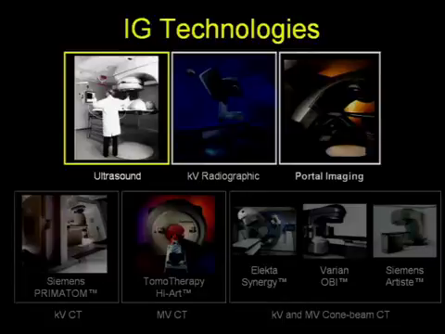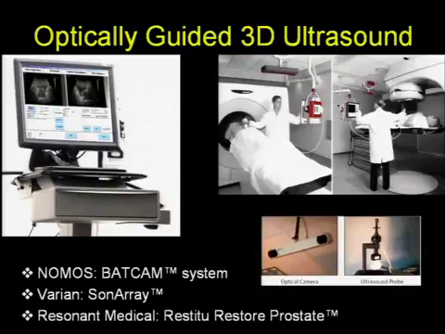We're moving on now to ultrasound devices used for image guidance. So as I prepared these slides, there are 3 systems that are commercially available. There is the Nomos BAT system that has been going on for a number of years, the Varian SonArray, and the Resonant Medical system called Restitu.